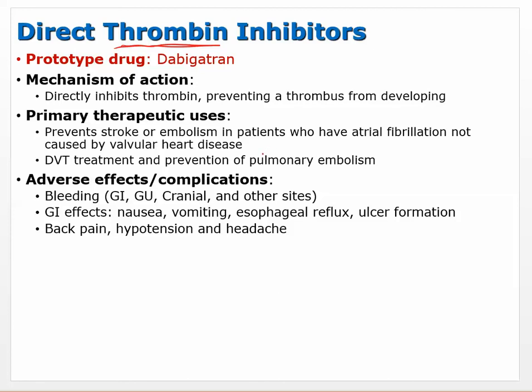So that was different from what we saw for warfarin. Also DVT treatment and prevention of PE. Adverse effects: bleeding, yes. And Dabigatran has GI effects: nausea, vomiting, esophageal reflux, ulcer formation, and it mentioned in ATI other effects, and back pain.